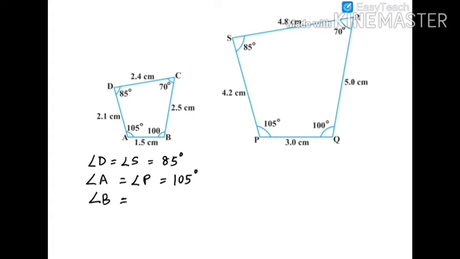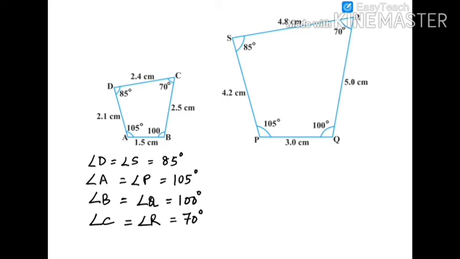Angle B is equal to angle Q, both are measuring 100 degrees, and angle C is equal to angle R, each is measuring 70 degrees. So these are the corresponding angles of the two quadrilaterals and they are all equal. So the first condition is met.